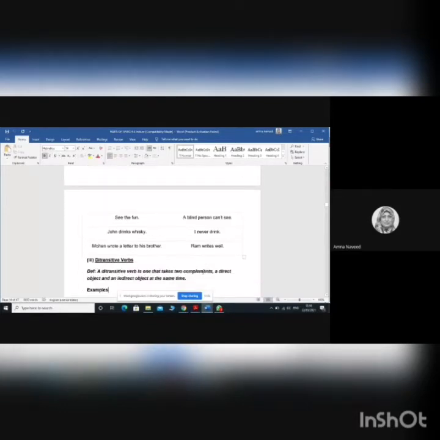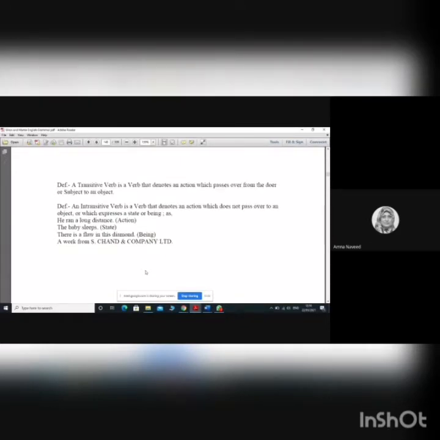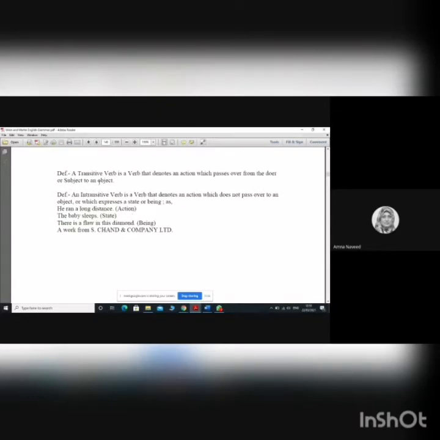Another thing about transitive and intransitive verbs that you must know is that sometimes a transitive verb has a direct object and sometimes it has an indirect object. Let me give you the proper definition of transitive verbs before I move on to the object part.